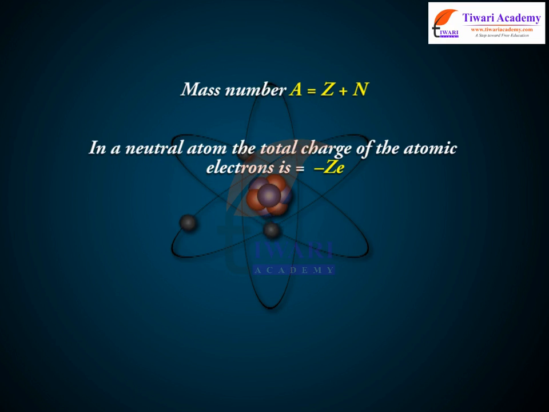It contains 197 nucleons, of which 79 are protons and the rest, 118, are neutrons. The element gold has 32 isotopes ranging from A equal to 173 to A equal to 204.